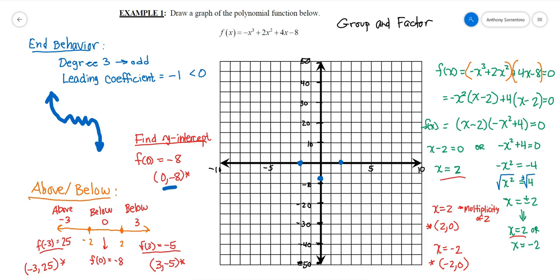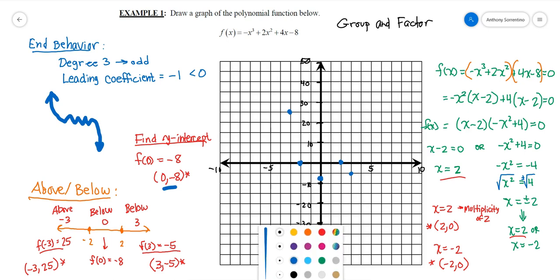I have the point 3, -5. So 3, -5 would be right here. And I have -3, 25. So -3, 25 would be right here.